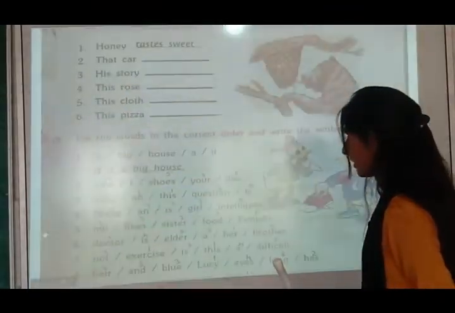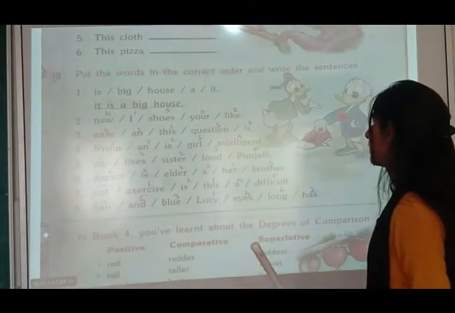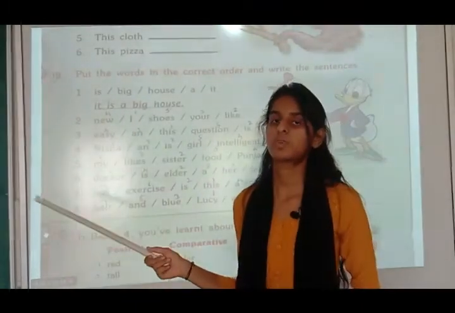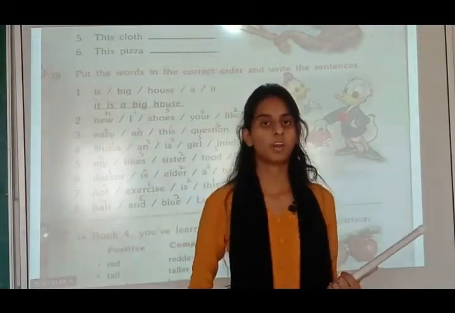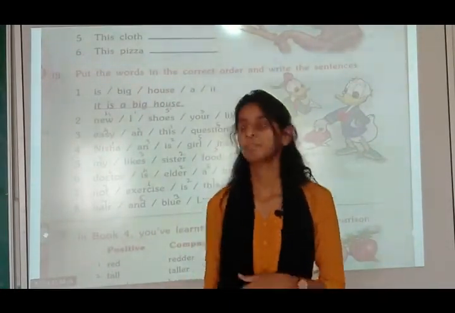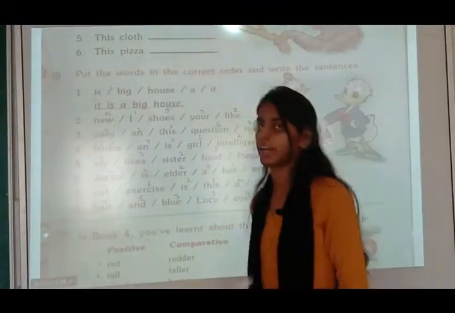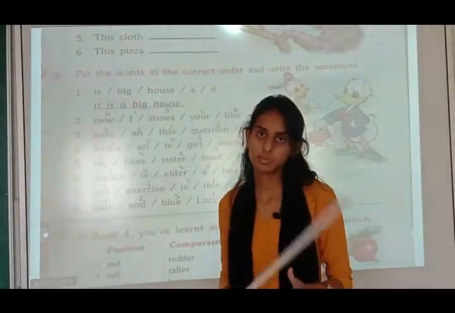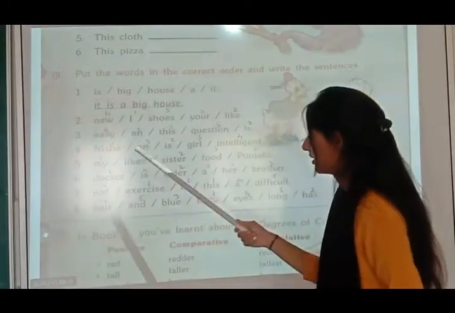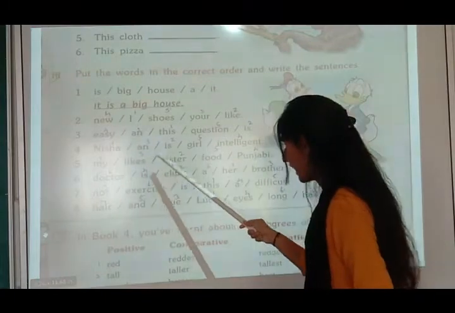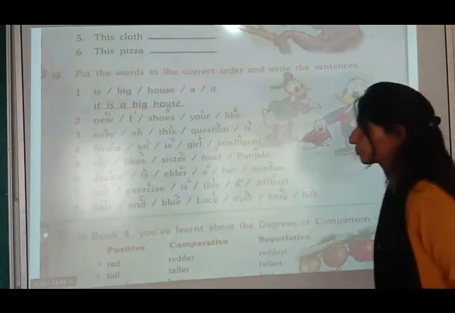Now see the next exercise. Put the words in the correct order and write the sentence. Here are some words which are incorrect, not in order, and you have to put them in order. Is big house a it? You have to complete the sentence by making it in proper order. It is a big house. Nisha is called intelligent.